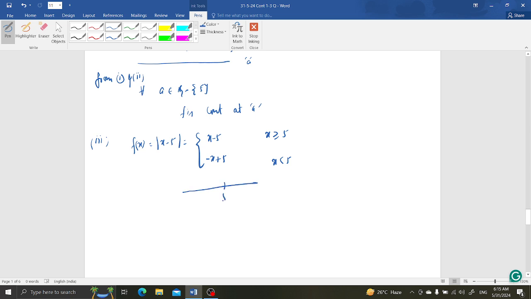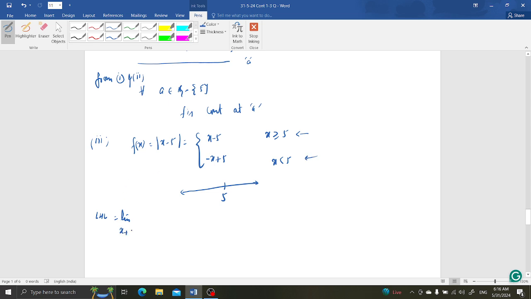Now we are at exactly 5. Here I need to do LHL and RHL, because it is piecewise defined. At 5 it is piecewise defined. First piece we have this one, and second piece we have this one.